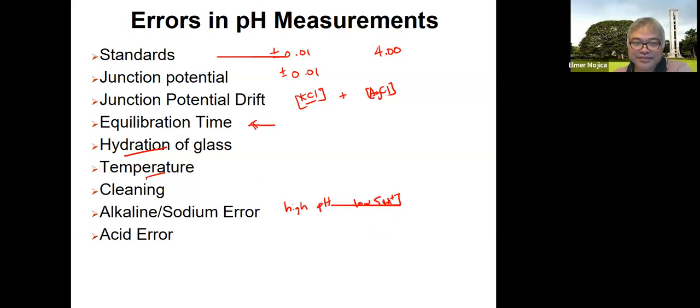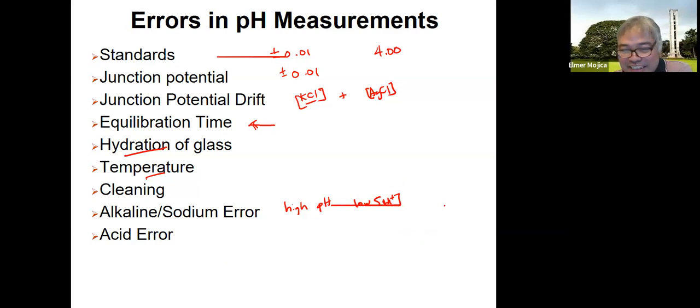Okay. So the way that you look at this, what we call sodium error, I'm going to discuss. I think I have a slide on that one. At low or very low H plus, the electrode would respond to Na plus, and the apparent pH is what? Lower or higher than the true pH? Anong effect ng alkaline?